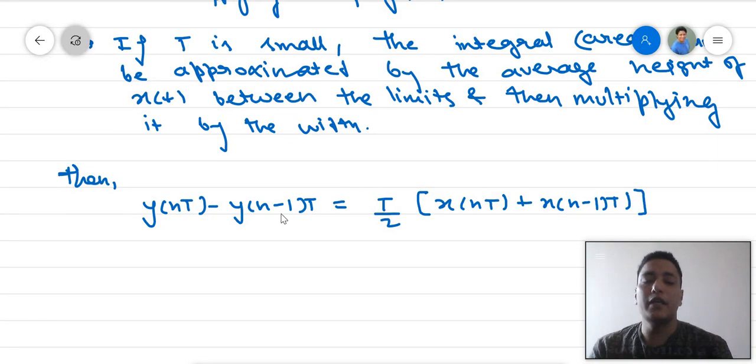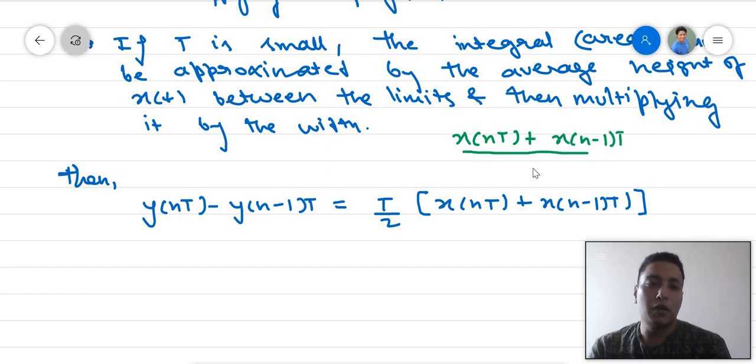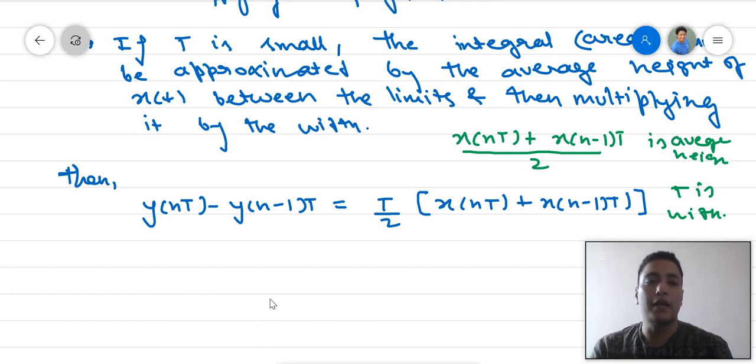That is, y(nT) minus y((n minus 1)T) equals T by 2 times x(nT) plus x((n minus 1)T), where [x(nT) plus x((n minus 1)T)] by 2 is the average height and T is the width. So we have applied the trapezoidal rule by definition and obtained this equation.